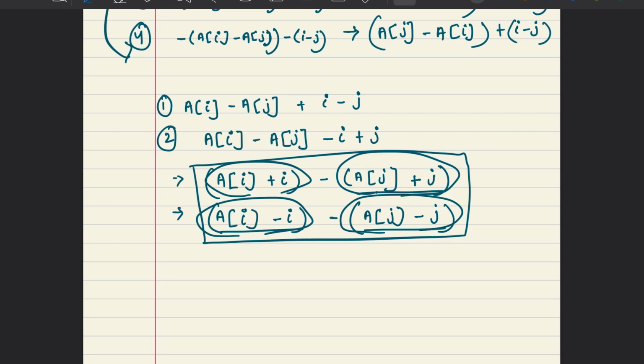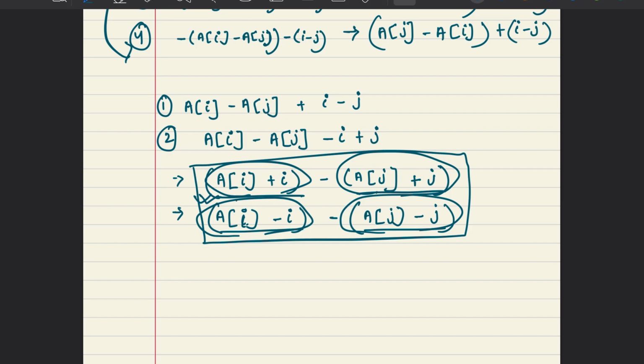So what it basically says is, a of I plus I is the value at index I plus the index itself, that sum, and a of I minus I is the value at index I minus the index, that difference. This expression means that.